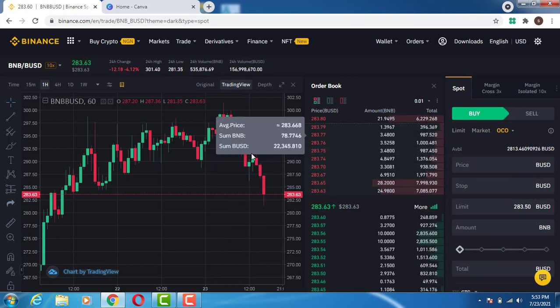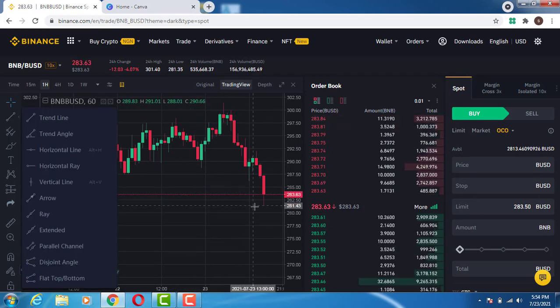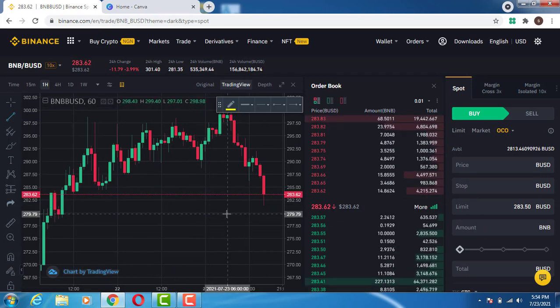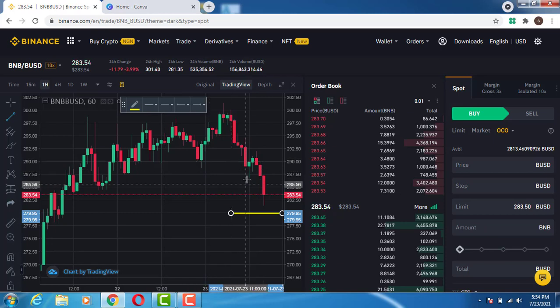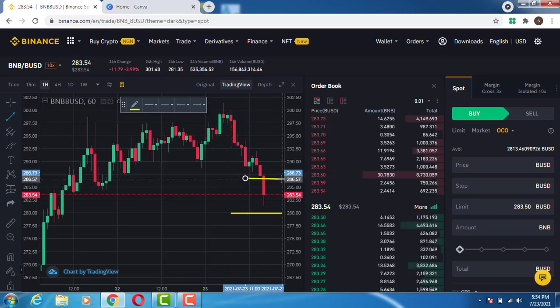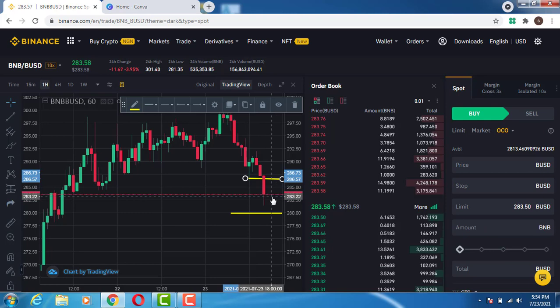So in this case, let's say I want to buy one BNB, and if market comes to this area, which is lower, I want to buy. And if market also comes to this area, I will likewise buy as well. Remember, the OCO order means one cancels the other order. So if one of these orders is executed, the other one will cancel itself.